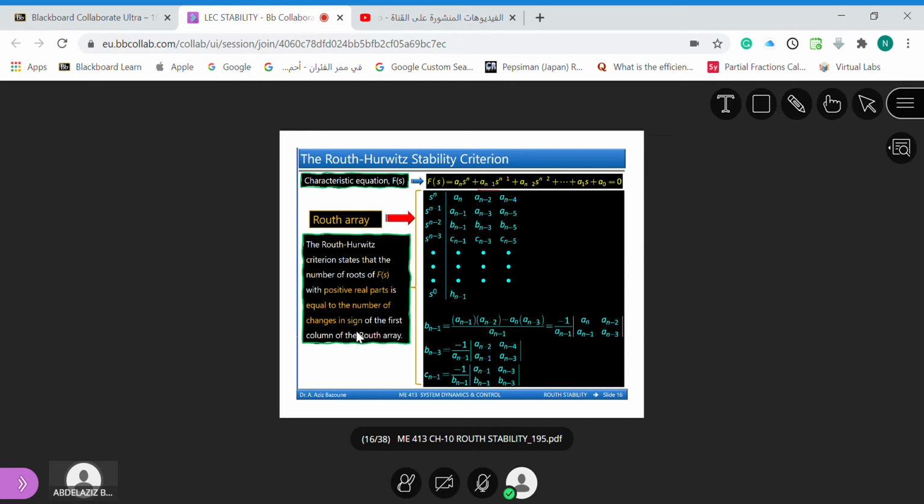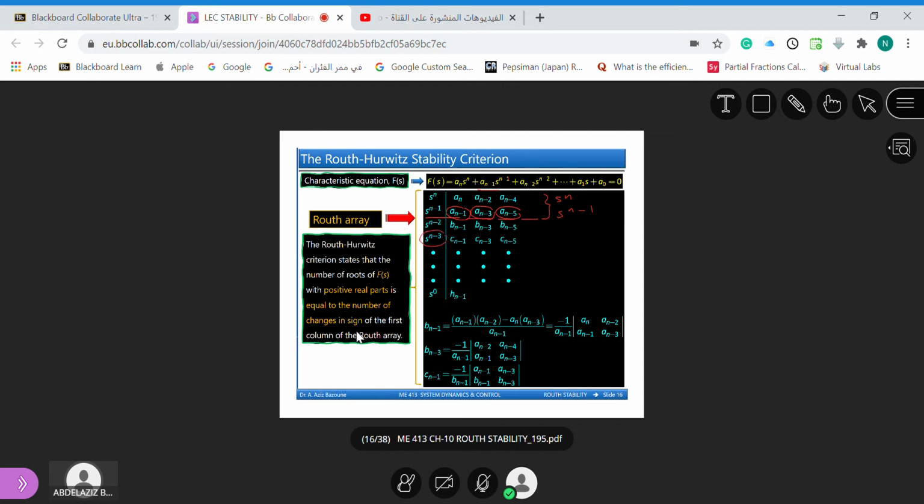I jump an minus 2, I go to an minus 3. I jump an minus 4, I go to an minus 5. In such a way, I have formed the coefficients for s to the power n and s to the power n minus 1. Now, what happens for s to the n minus 2, s to the n minus 3, down to s to the power 0?